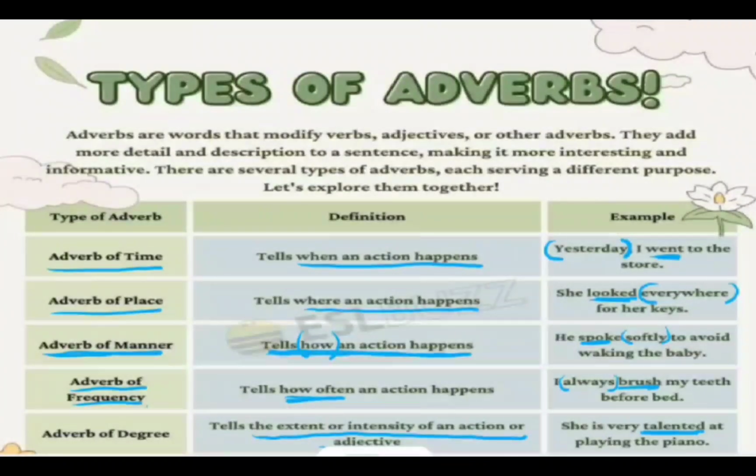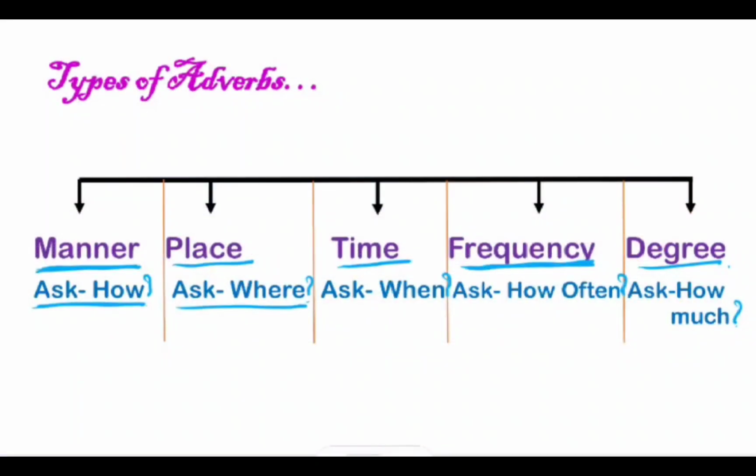How is she? She is talented. So, talented is an adjective. Ask the question how much? How much talent does she have? She has a lot of talent. She is very talented. So it gives you a degree or an extent to which she is talented. So ask the question how much?